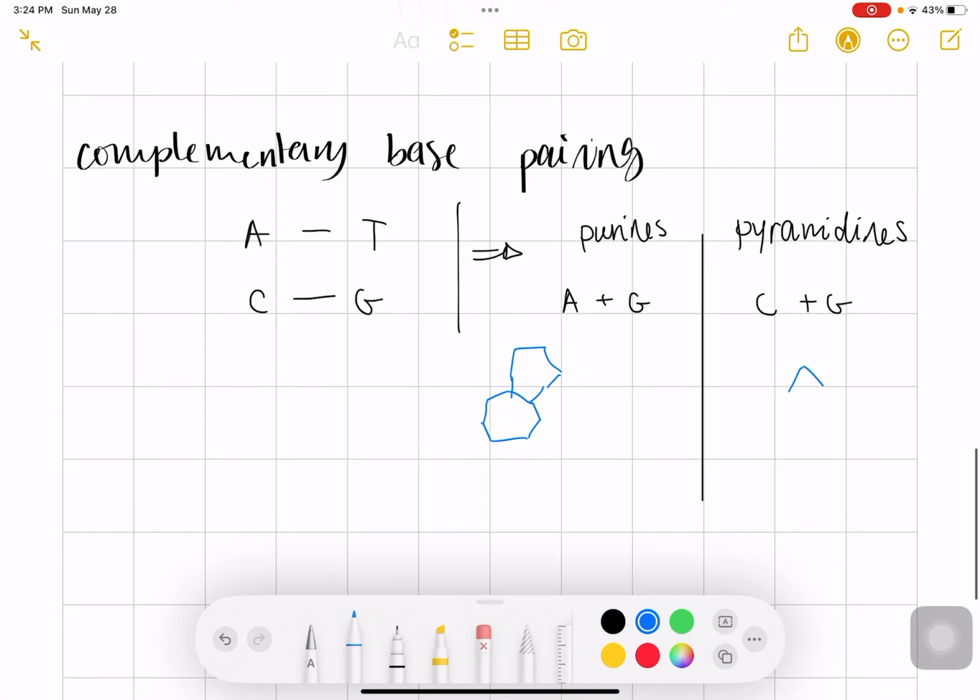Meanwhile, pyrimidines are 1-ringed. So purine just means 2 rings, and pyrimidine means 1 ring.